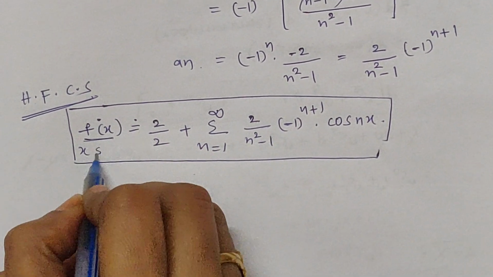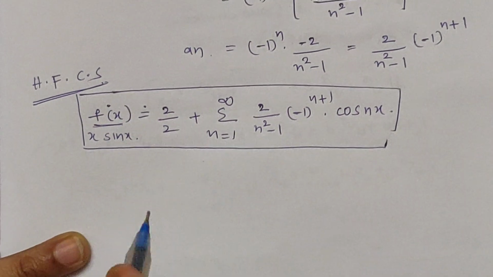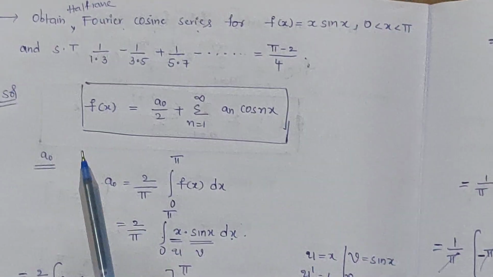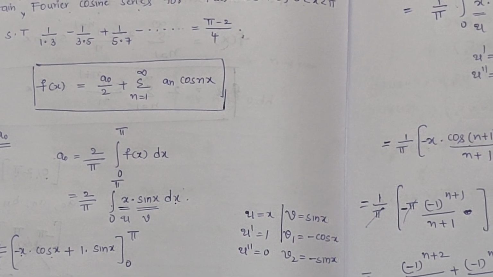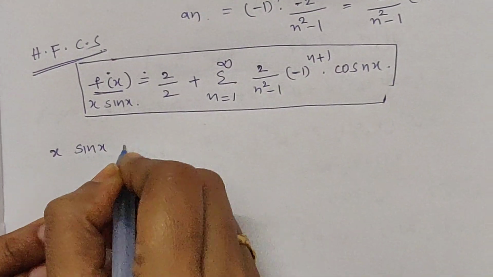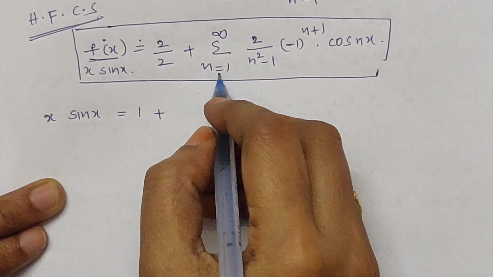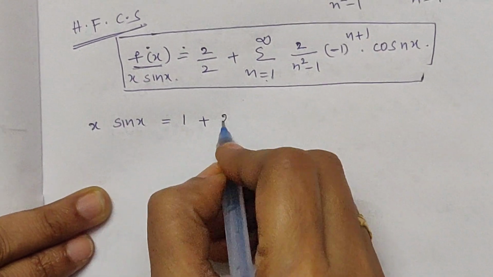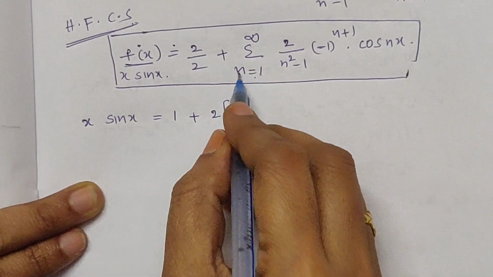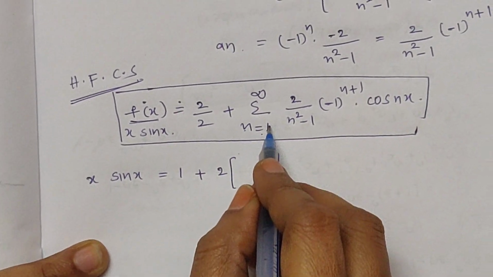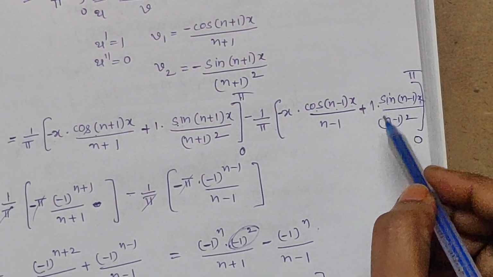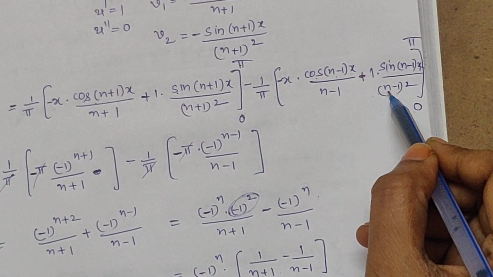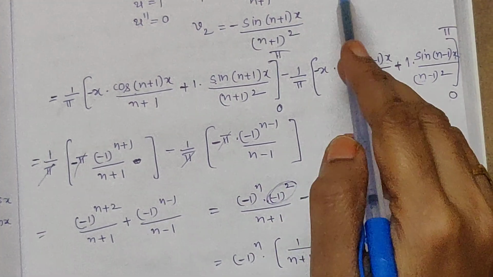Here f of x is x sin x, and after finding this they ask to show a deduction, and we need to obtain this deduction. In order to obtain this deduction, first expand this sigma. So x sin x equals 1 plus, and if you expand this sigma, here you have 2 common, 2 into, for n equal to 1. Here observe that in the denominator we got n minus 1.